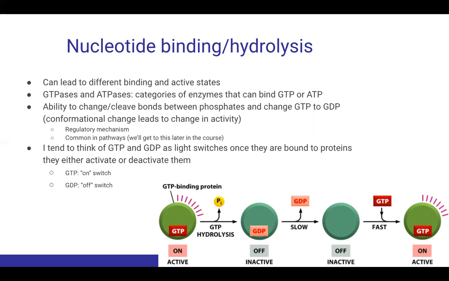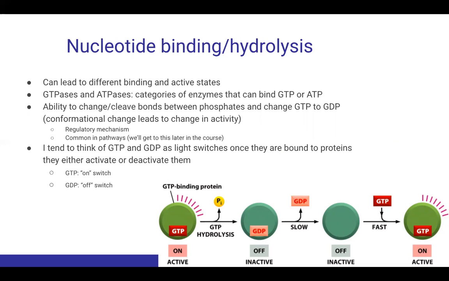But anyways, I tend to think of the nucleotide binding of GDP and GTP as light switches, because when they're bound to proteins, they can either activate or deactivate them. And so GTP, as you can see at the bottom, is activating the protein. So the protein is in its active on state.